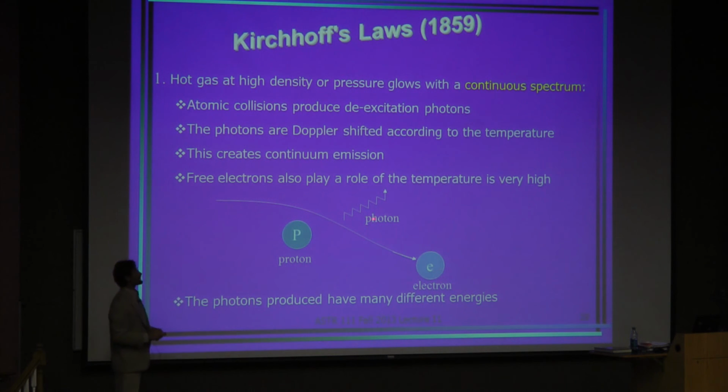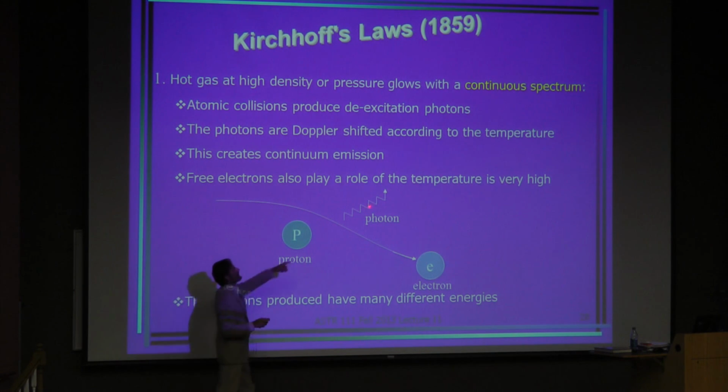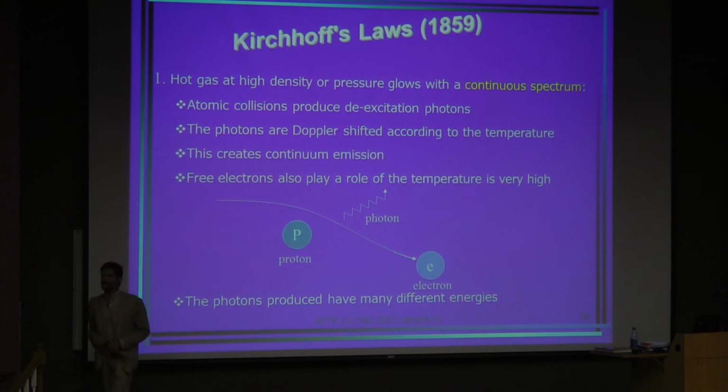But the photons that are produced don't have precise energies like what we saw in atoms, simply because this isn't an atom. There aren't specific energy levels anymore, because you have a free electron and a free proton. They can go by each other, and basically anything can happen. So the photon that comes out is not a quantized photon, because there aren't quantized energy levels.